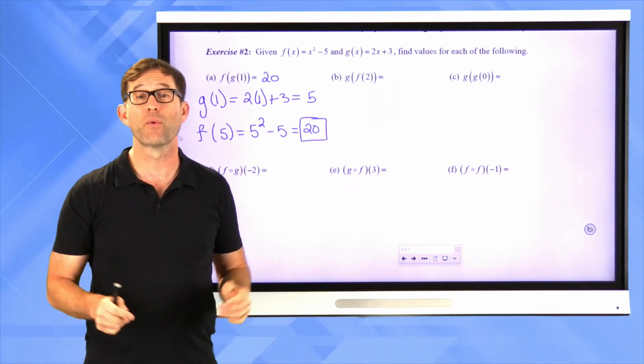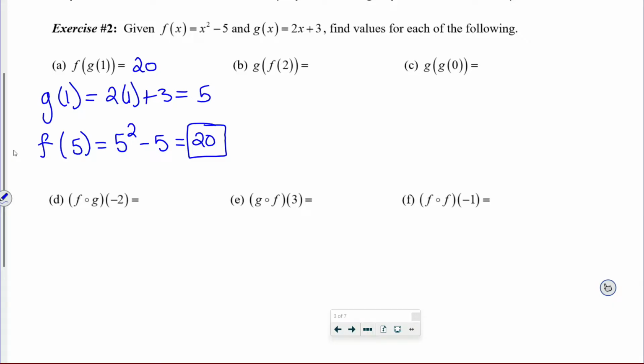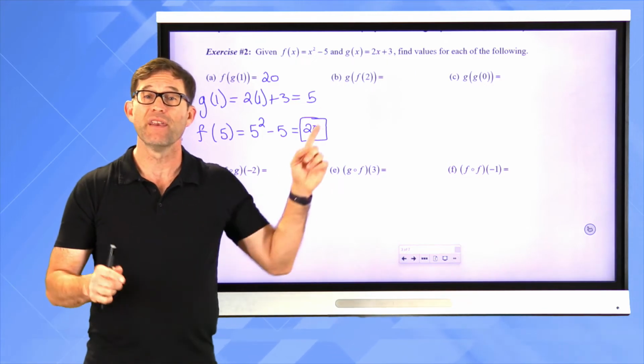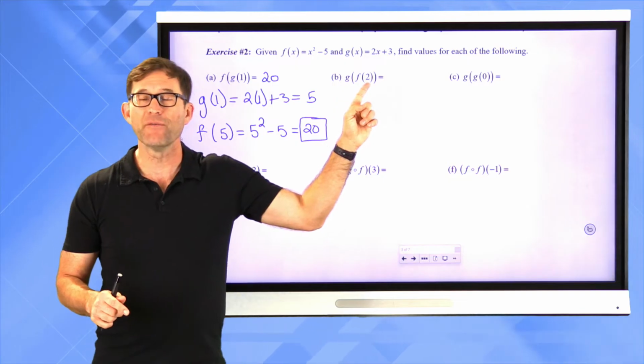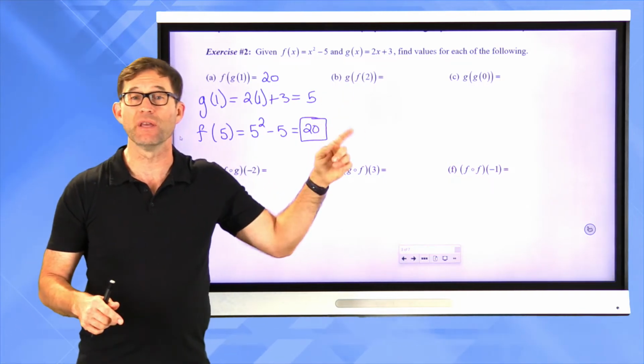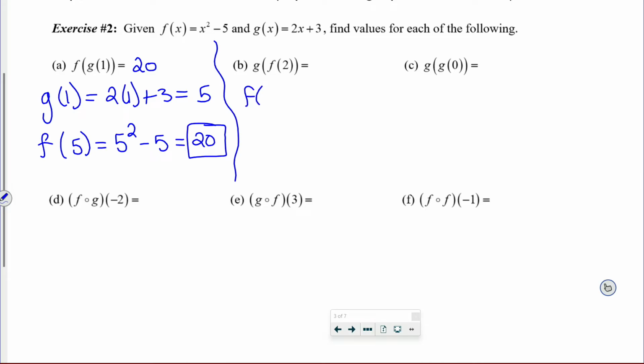All right, let's do another one of these together. Letter B. g of f of 2. All right, so in this case, now 2 is sitting inside of f, and then f of 2 is sitting inside of g. So if I want to know what this value is, the first thing I want to do is figure out what the value of f of 2 is.